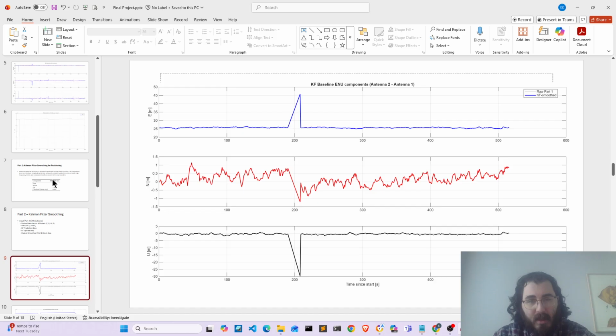And the main issue is that aggressive outlier removal artificially smoothed the baseline, and the ENU origin was computed incorrectly. These mistakes caused the part 1 baseline to be over-smoothed and geometrically inconsistent.